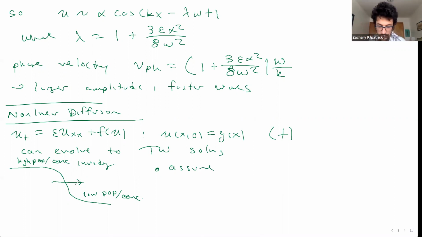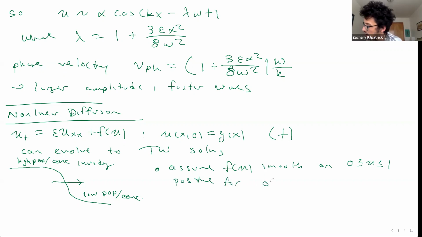So in order to get solutions like this, you assume that f of u is smooth, okay, on u goes from 0 to 1, and it's going to be positive for u from 0 to 1. We'll make even more stringent restrictions that f actually is going to have roots at 0 and 1.